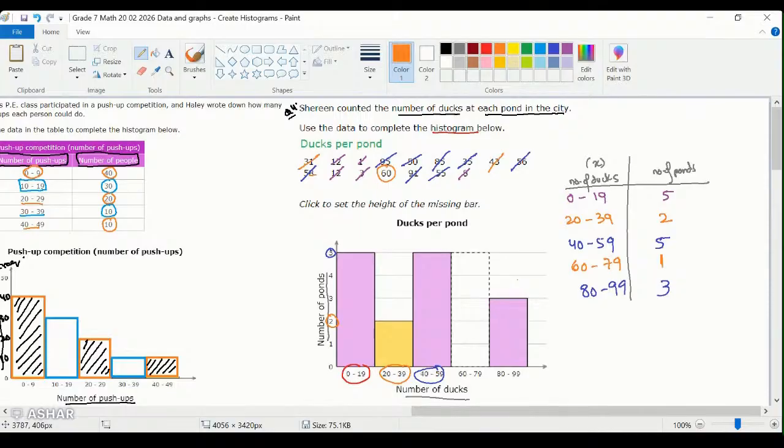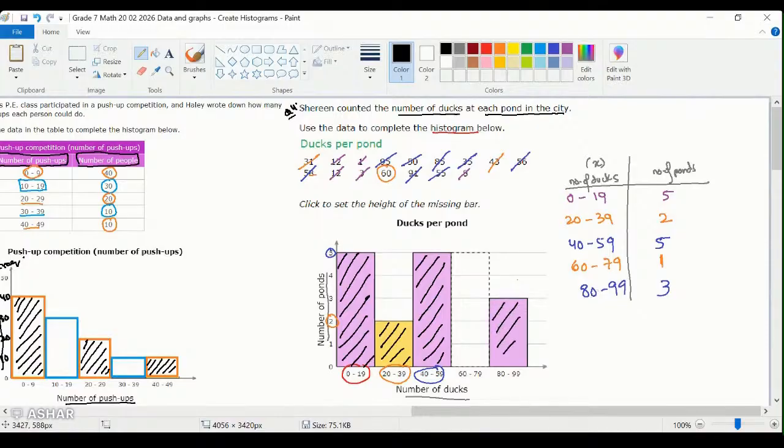Agreed? That means the height of the bar between 0 and 19 should be 5. The height of the bar between 20 and 39 should be 2. The height between 40 and 59 should be 5 again, because there were 5 numbers, right? 80 and 99 was 3.